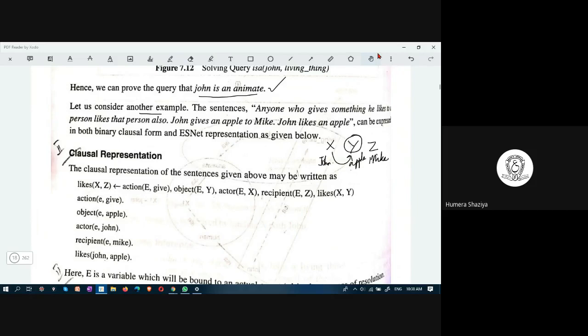In clausal form, the same sentence is written as: action E is give.